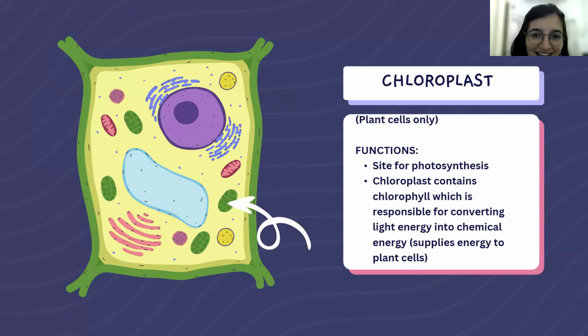This organelle called chloroplast is the reason behind that. It captures sunlight, and inside the chloroplast there is a pigment, this green colored thing called chlorophyll. That chlorophyll is responsible for changing light energy into chemical energy, which is basically changing light into nutrients for the plants.